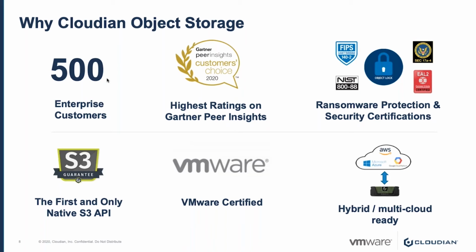If you're not using a native implementation, and you have a gateway which translates to something else underneath, you are going to have compatibility issues, because Amazon is updating S3 at a rate by far exceeding anything your legacy architectures can support. Having a native implementation allows you to support all those advanced verbs and make sure that your applications, if they are built on S3, continue to operate without any interruptions.